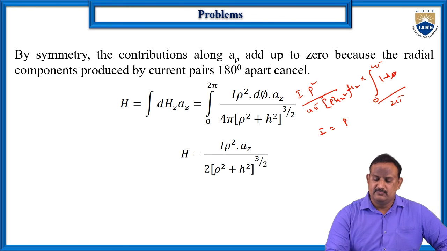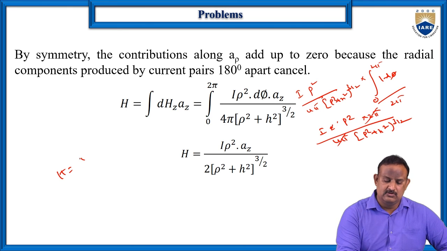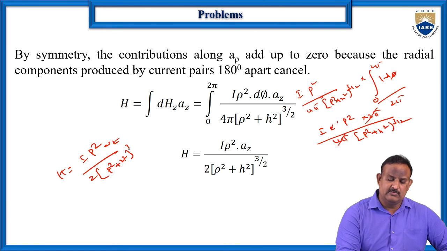So 2 pi cancels, and therefore the magnetic field H is equal to I rho square a z by 2 (rho square plus h square) whole power 3 by 2.